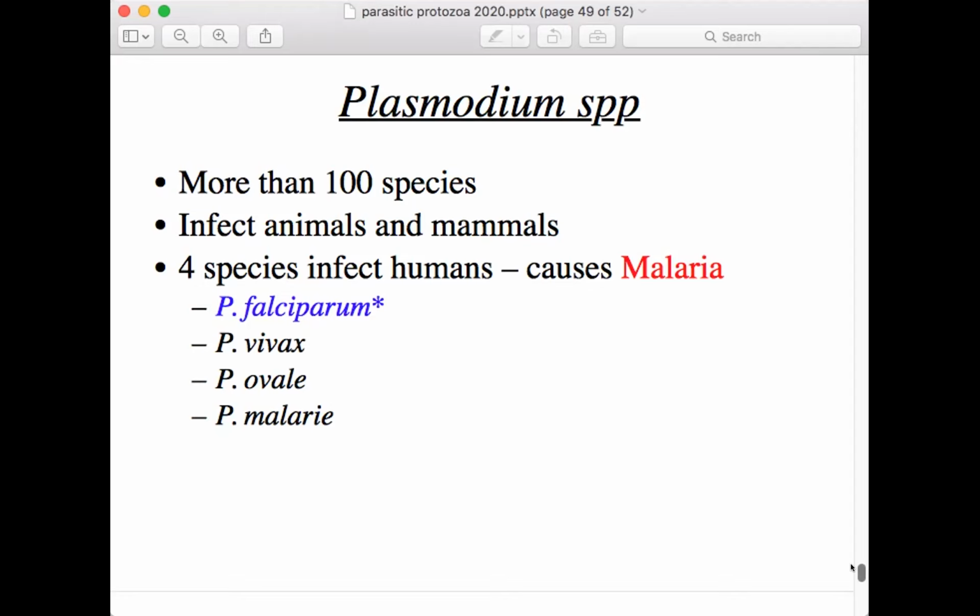You have Plasmodium falciparum, Plasmodium vivax, ovale, and malariae. They all cause different degrees of malaria. There's one that's more lethal than the other. Take a wild guess which one it is. We're going to explore these Plasmodium species tonight for homework.